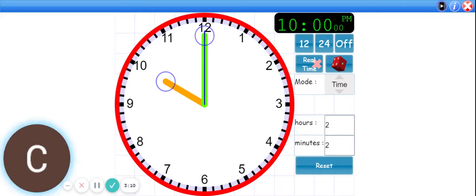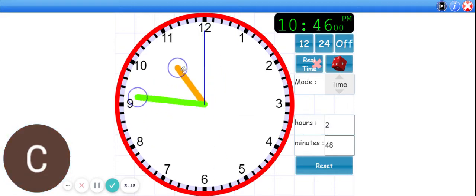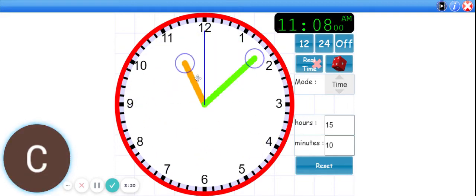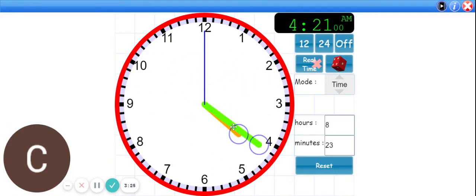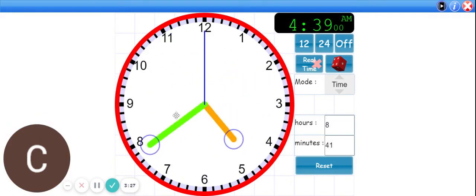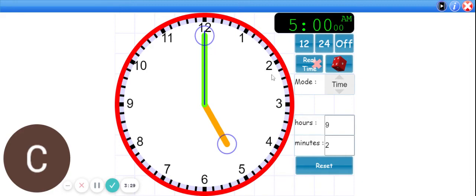Show half an hour earlier. Well, my long hand is at 12 and my shorthand is at 5. So I'm going to move my shorthand to 5. And now I can see up here I am at 5 o'clock.